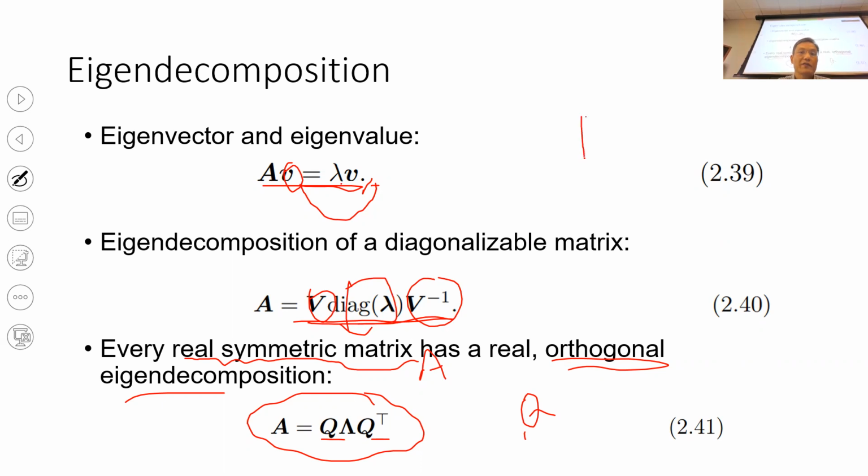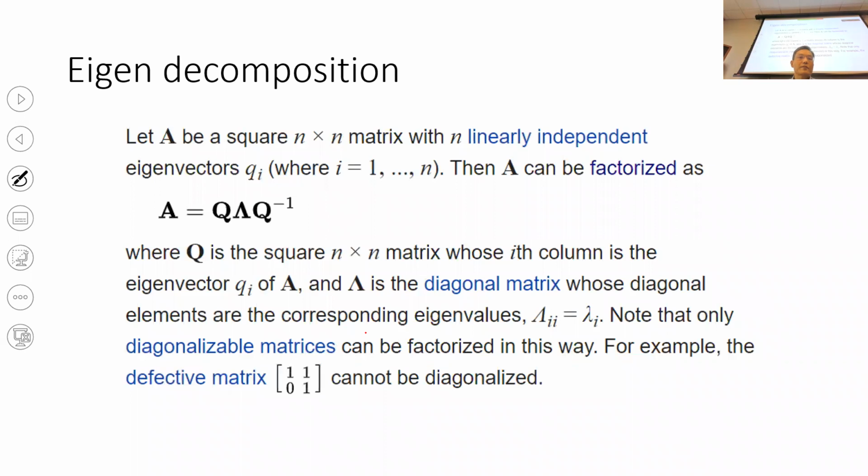You put lambda 1, lambda 2 in the diagonal positions, and all others are zero, to make this multiplication between matrices possible. So that's an eigen decomposition. This Q is an n by n square matrix.